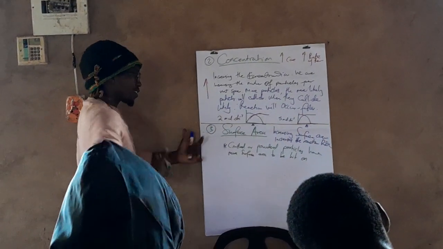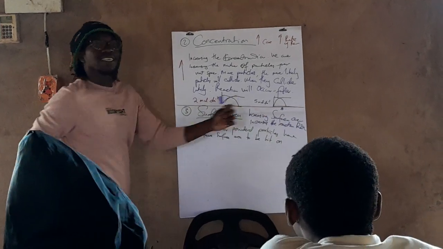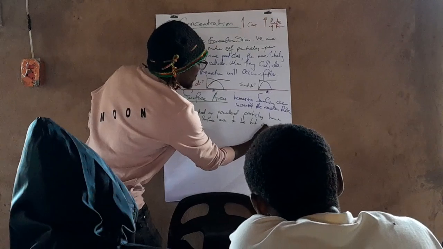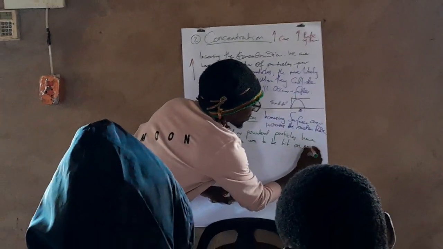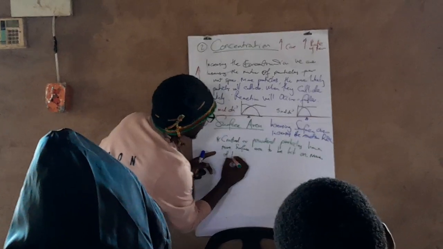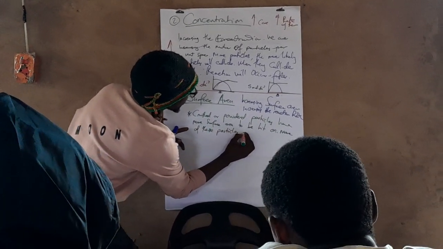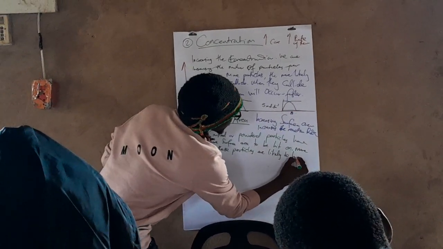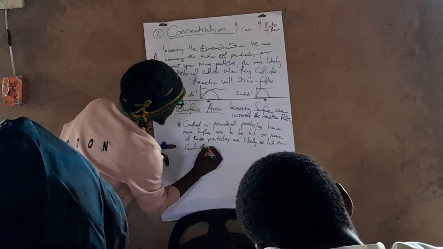So if there is more surface area to hit on, it means that whenever they are moving and hitting everything, collisions are happening, right? So if they have more surface area to hit on, it means that more of these particles, crushed or powder, are likely to hit on each other, right?